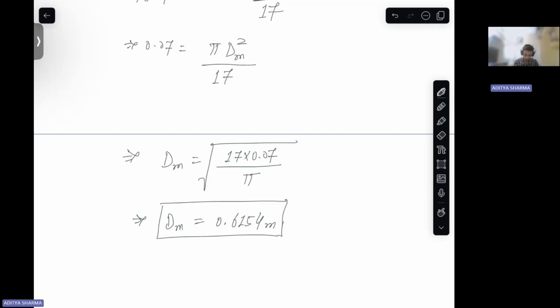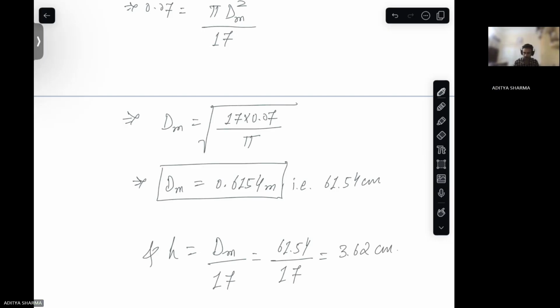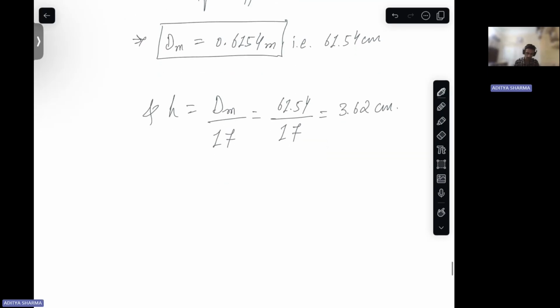Which is also 61.54 centimeter. Then from here, h is dm by 17, which is 61.54 by 17, which is 3.62 centimeter. So this is h.